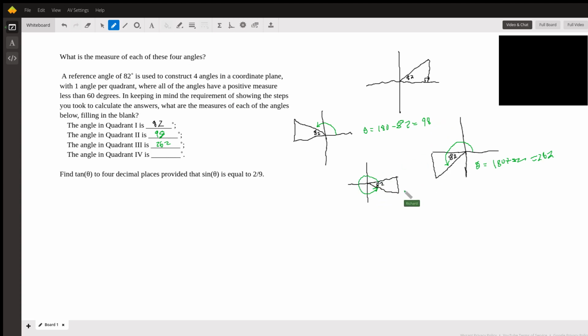That's theta. So theta here is going to be 360 minus 82, which is 278.